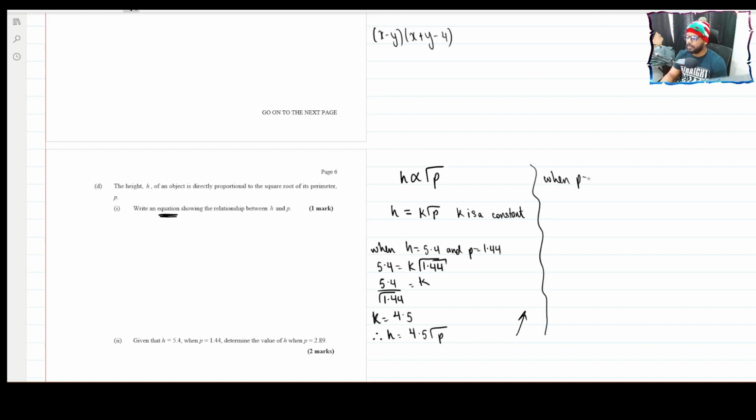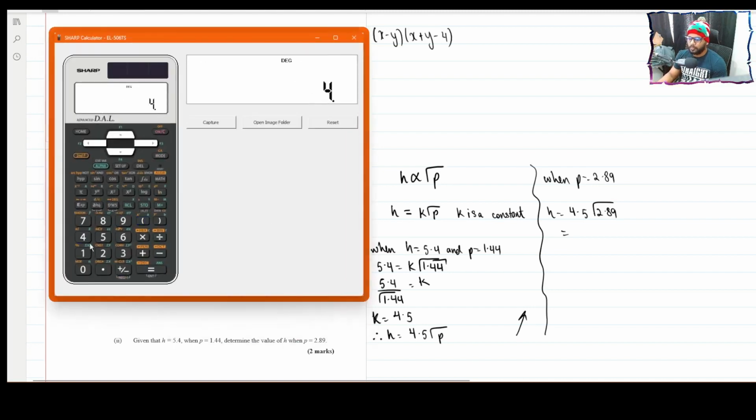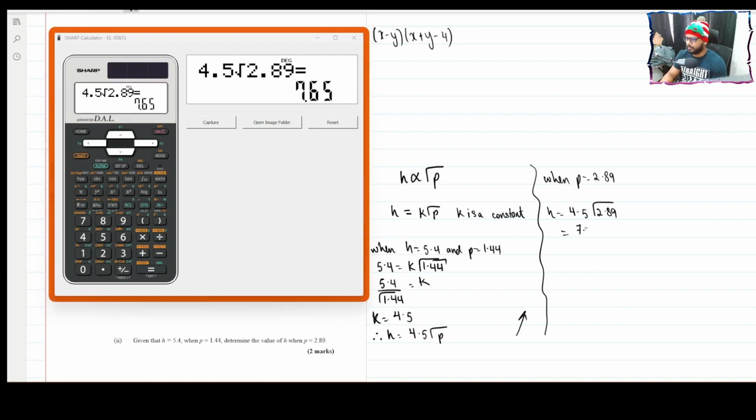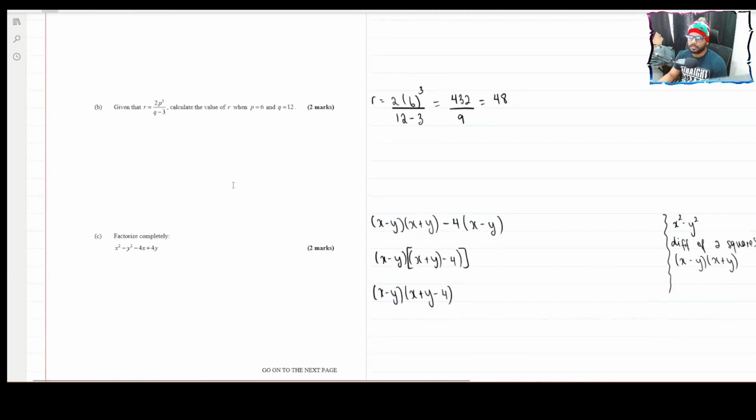So when p is 2.89, h is going to be 4.5 square root 2.89, which is equal to, jump on my calculator yet again, 4.5 square root 2.89 is equal to 7.65. And we're good to go for part 2.